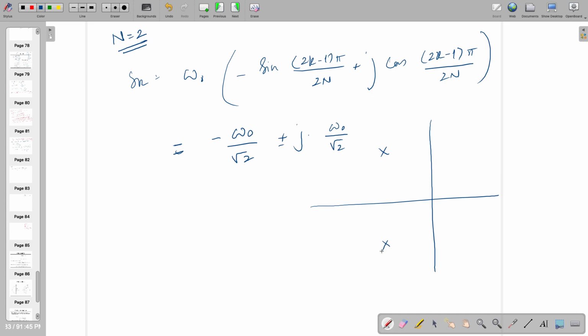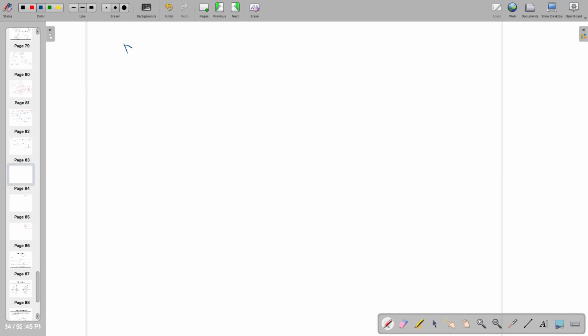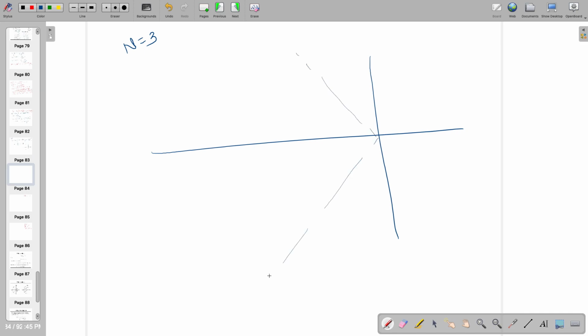Right? Now, can we solve for n equal to 3? So now one of the roots will be real. Two roots will be complex and conjugate. Right? Yes.